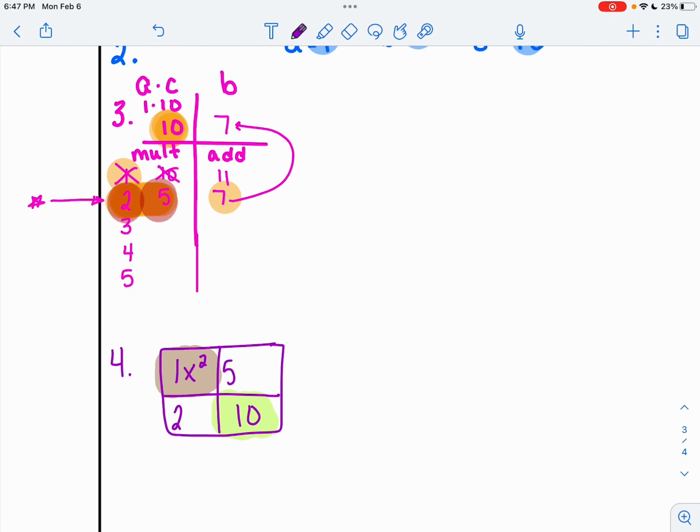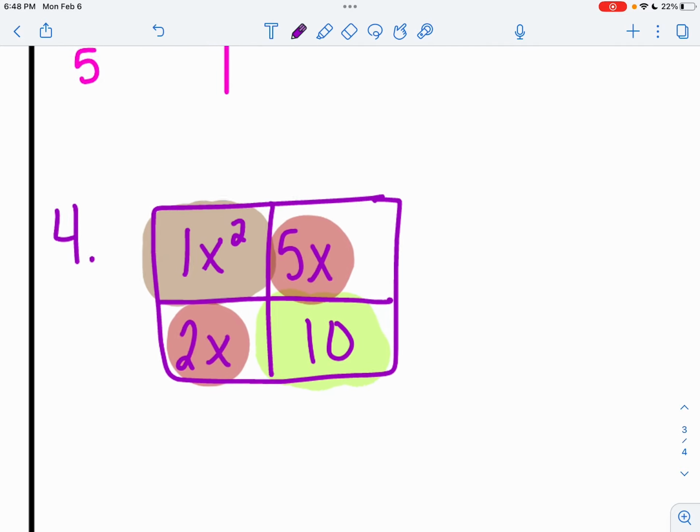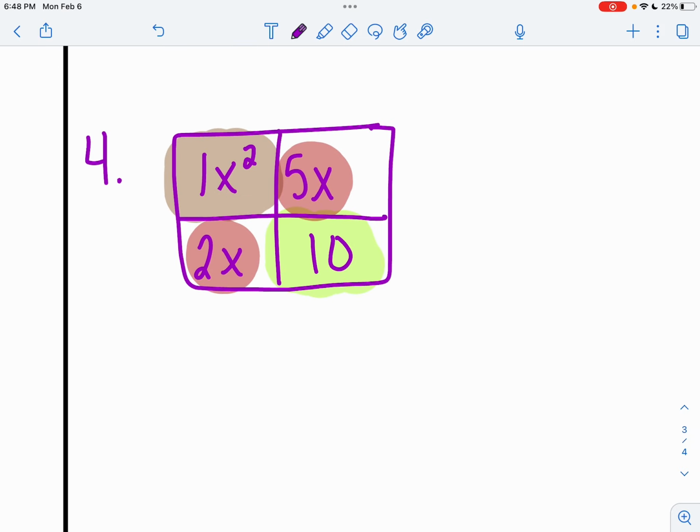They need a variable, in this case, x and x. Those burgundy items came from there and there. Yes, you may switch those burgundy items. You could have put the 5 in the bottom left.